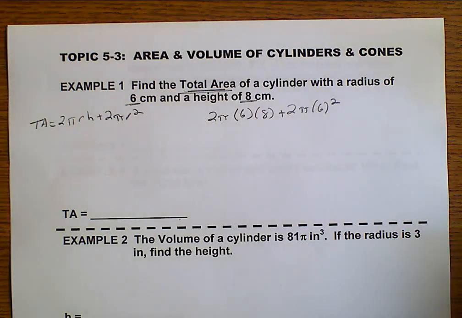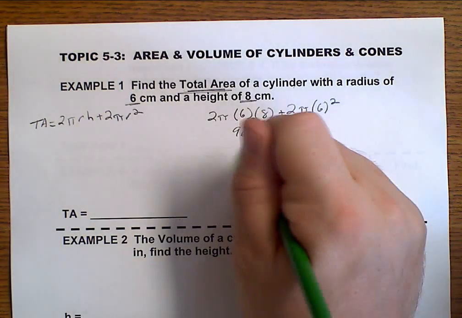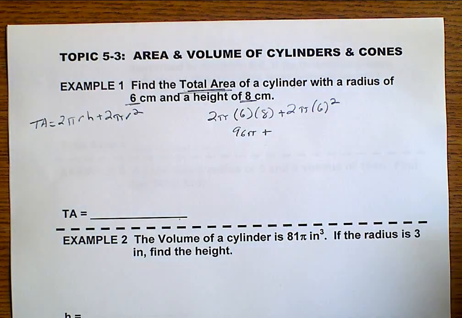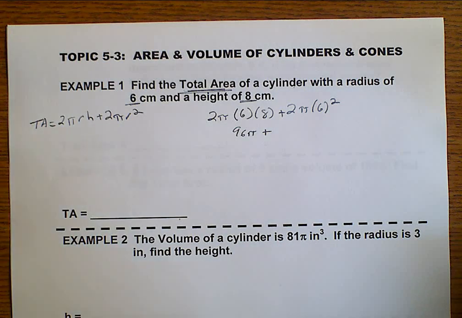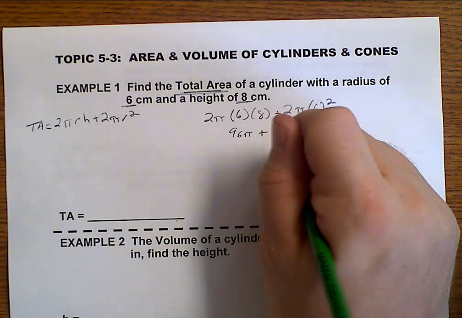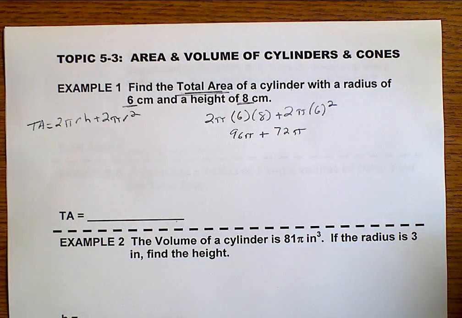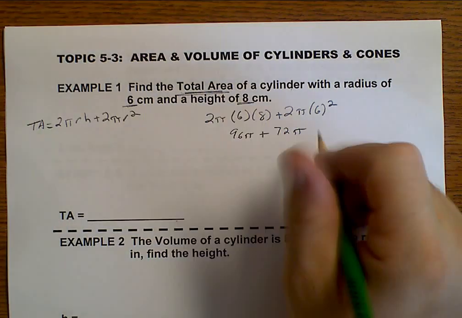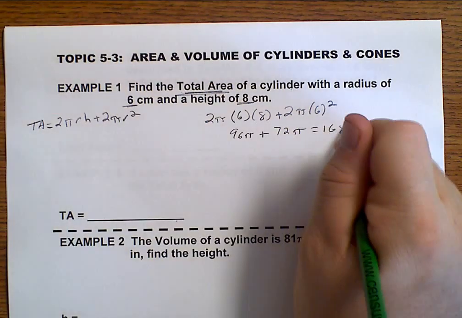Well, 2 times 6 times 8 gives us 96 pi, plus 2 times 6 squared gives us 72 pi. We add 96 and 72 and we get 168 pi.